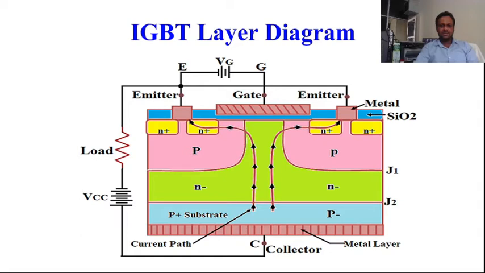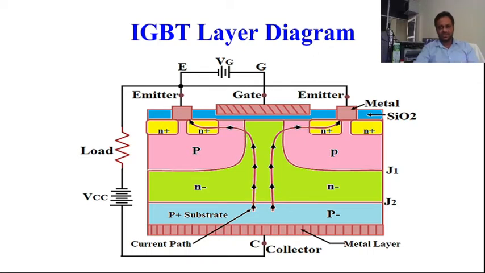Here we have the different layers. IGBT is a 3 junction and 4 layer device. Starting from the collector side, it has the injection layer, P plus, then the drift layer N minus, then the body P layer, then the diffused regions of N plus.